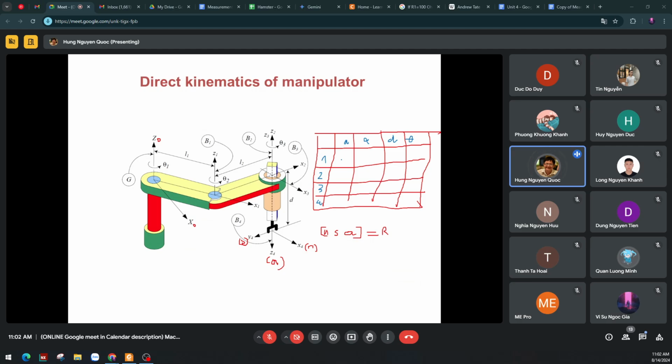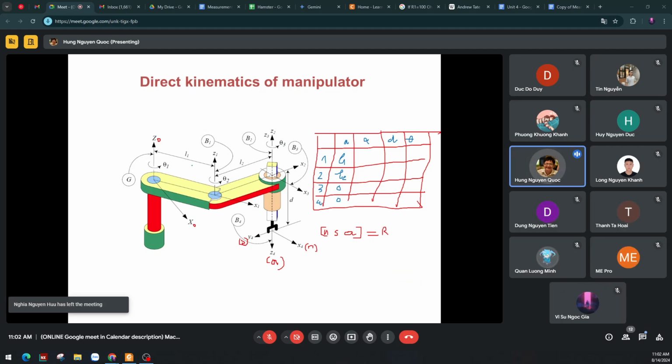For A1, the distance between Z0 and Z1, it should be L1, right? Continue with A2, the distance between Z1 and Z2, it should be L2. A3 is the distance between Z2 and Z3, they are coincident, that is 0. A4, the distance between Z4 and Z3, they are coincident, so it's 0.